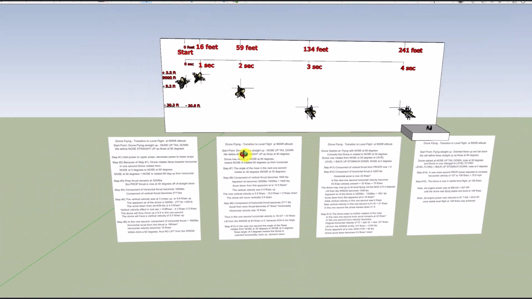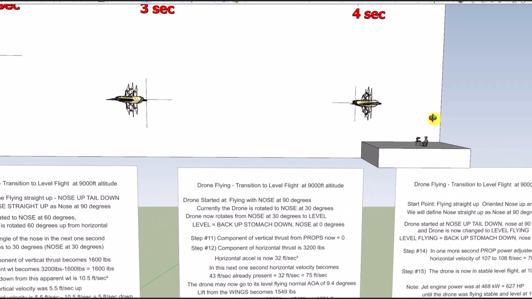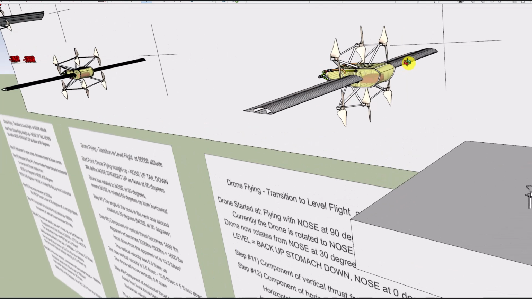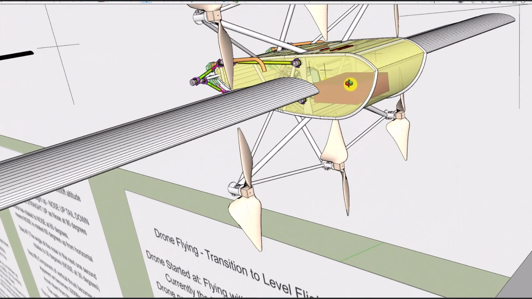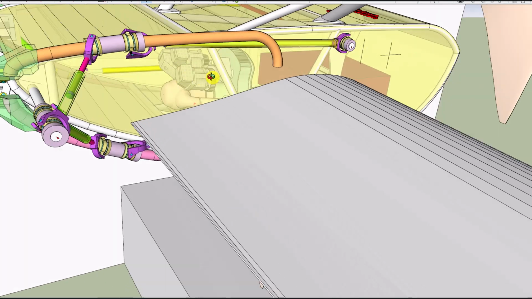What we were demonstrating with this power discussion was what's going to happen. It will lose 240 feet of altitude, and in a span of 4 seconds, it will be flying along at 70 miles per hour, here with the 500 pounds of weight in there, and this is a drone that's being powered by a jet engine.